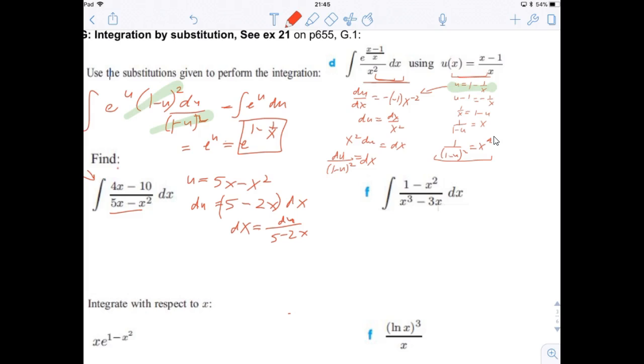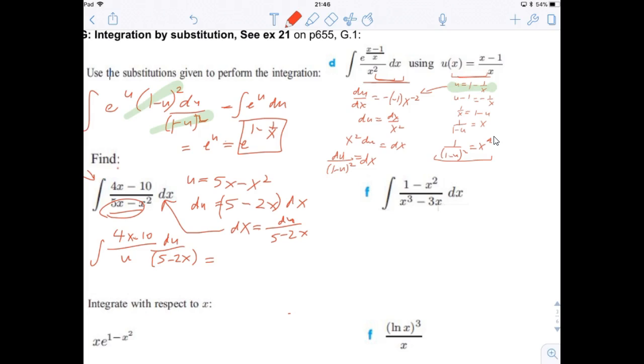So I could substitute this in for the dx, and let's see what I get. So I get 4x minus 10 on top. And on the bottom, I have u because I can substitute this with u, and then my dx becomes du divided by 5 minus 2x.